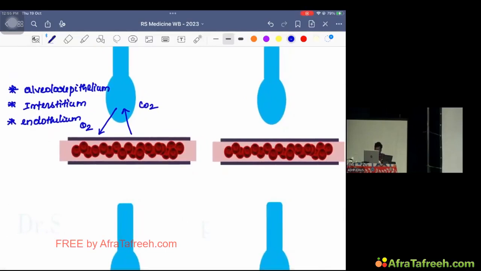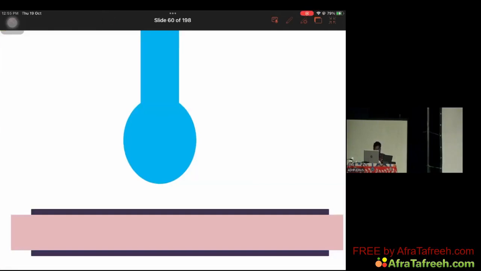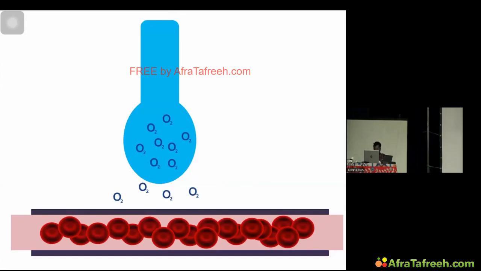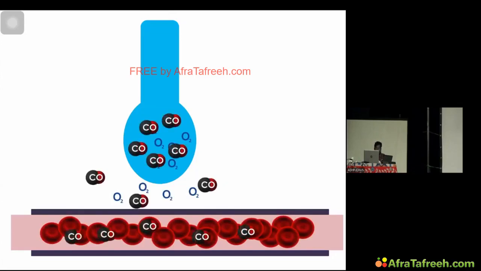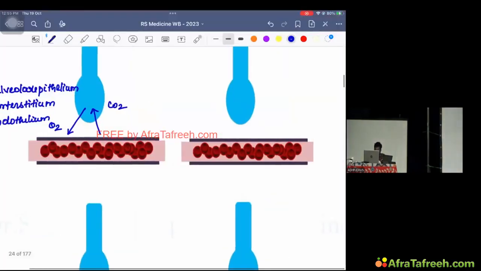Carbon monoxide. If you see here, this is the alveolar membrane, interstitium, and the endothelium. Oxygen will go and bind to the RBCs. Now you use a gas, carbon monoxide, which has more affinity to the RBCs.